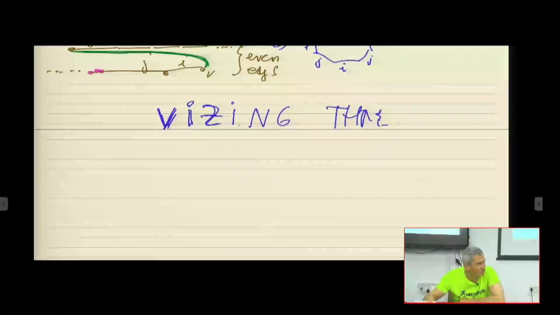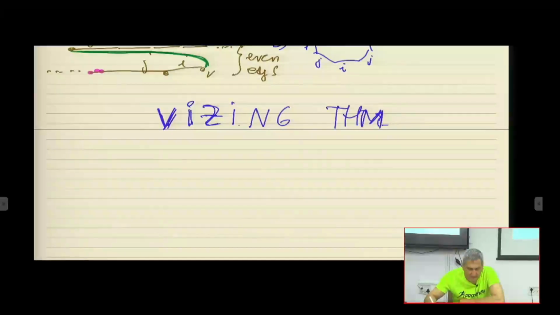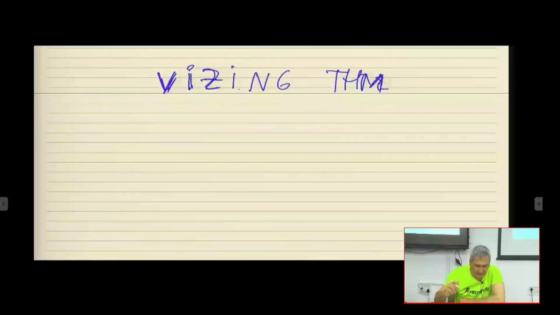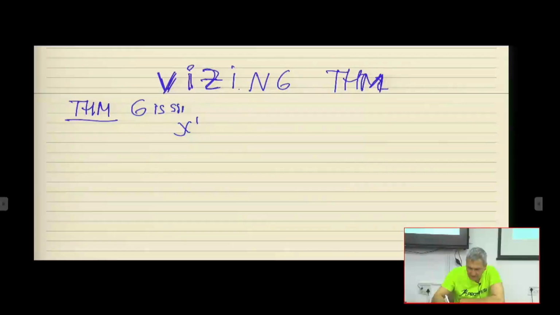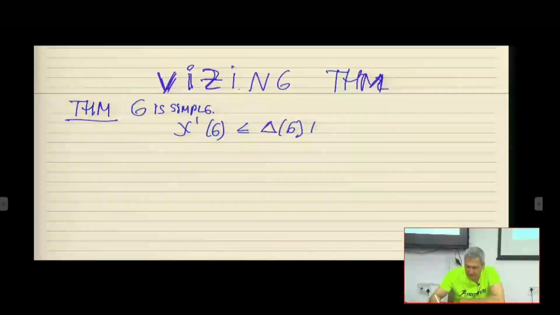It takes me a lot of time. Yes. So theorem, Vizing, of course. If G is simple, then the chromatic index is at most the maximum degree plus 1.